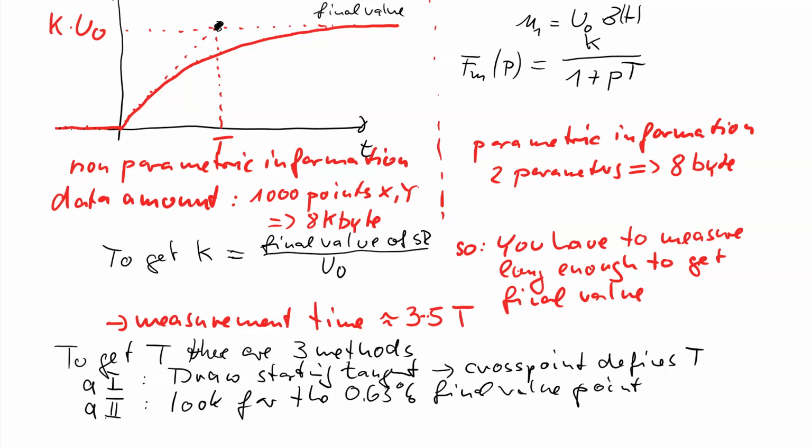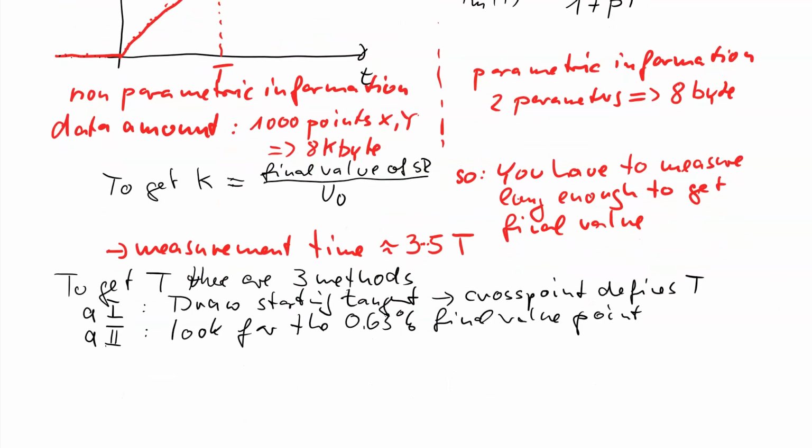That means the exponential function crosses the time constant T value if we have 0.63 times K times U sub O. If we have reached the 63% value of the final value. So yeah, if you know the final value, go back to the 63% value, then this time is your searched time constant of the process.